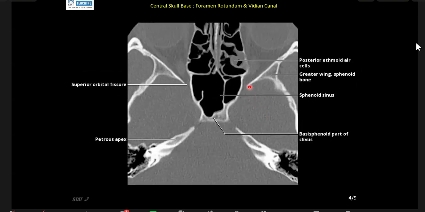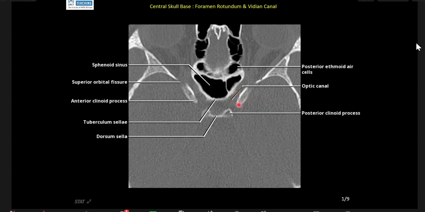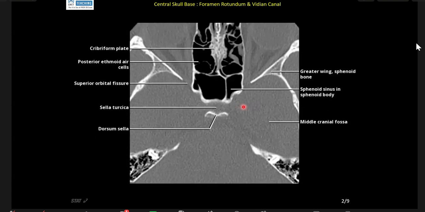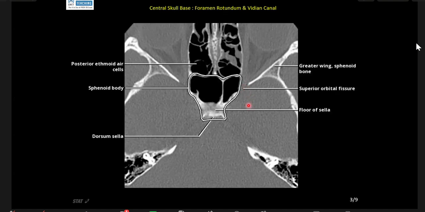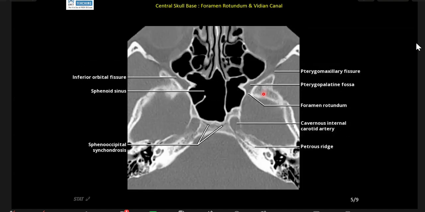But I want to take you back. So here I have gone up, and here we can see this is the optic foramen coming down. Next thing is this foramen, which is the superior orbital fissure. Then as we go anteriorly, we can see foramen rotundum. And the key landmark anterior to that will be the pterygopalatine fossa. Sphenoid sinus is still there.